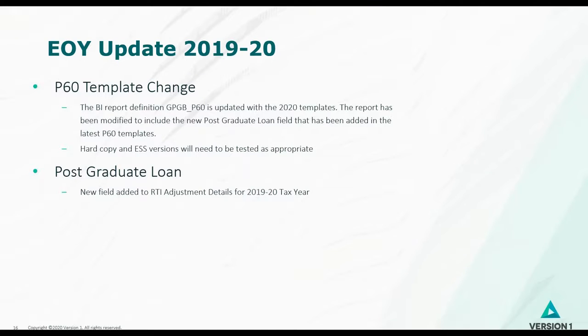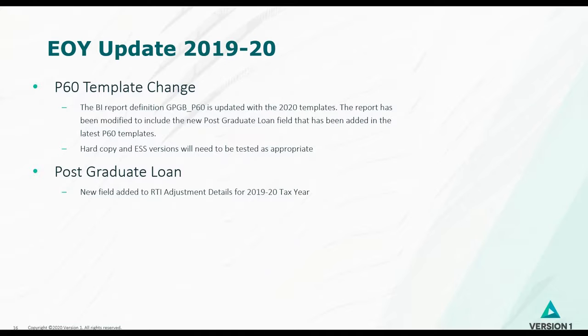Right then, moving on. Or moving slightly backwards, as it actually is here. Just wanted to highlight a couple of items that were released quite some time ago, really, in anticipation of the end of the current tax year that we're just about to come across now.